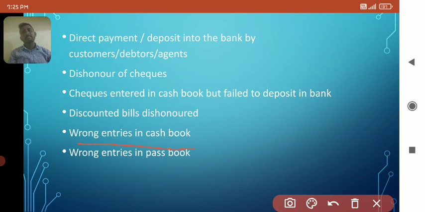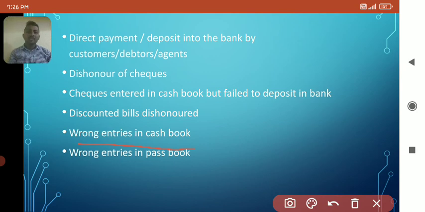What happens if there is any clerical error or oversight, or by mistake we add the amount twice, or we do not enter an amount into the cash book, ignoring a transaction while writing the cash book? The difference arises between the cash book and passbook. So again we have to prepare the reconciliation statement to rectify this error.